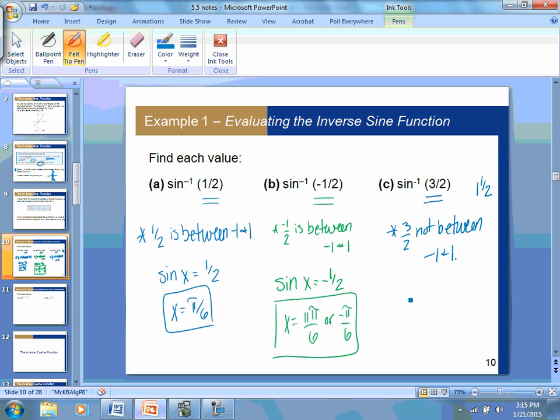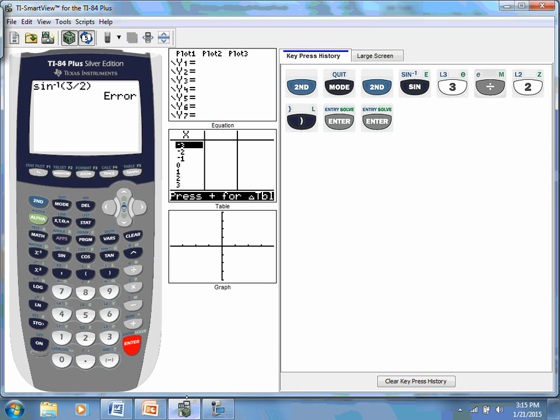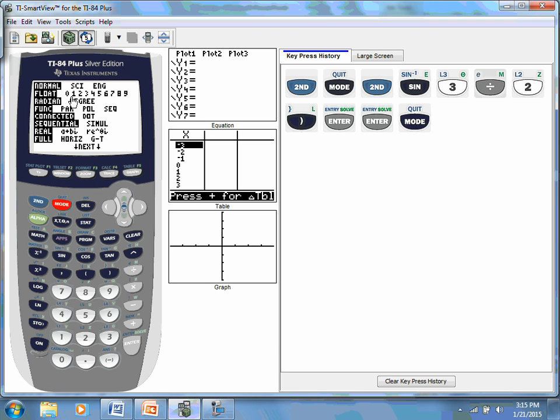So this is undefined. Remember, on your calculator, you want your calculator to be in radian mode. So go to mode and check that radian is selected. If not, arrow down and then hit enter so that the radian mode is selected.